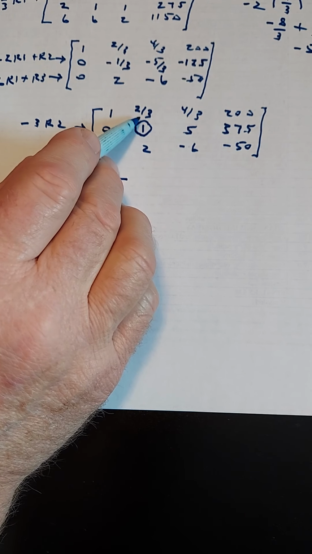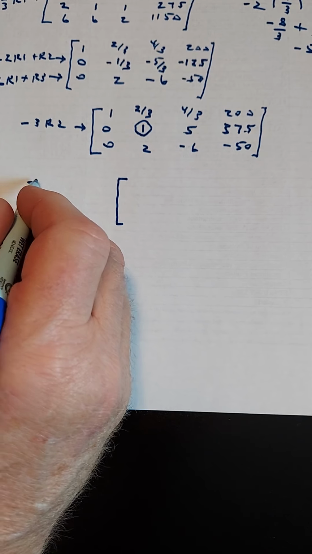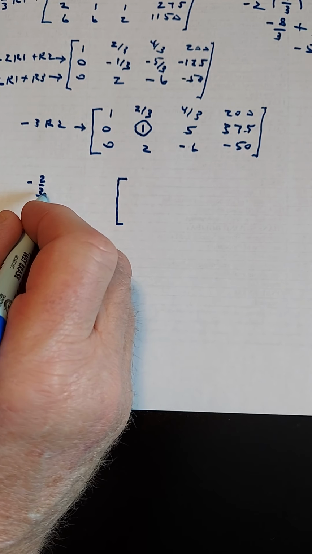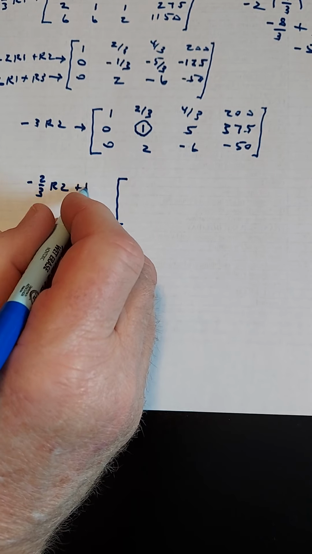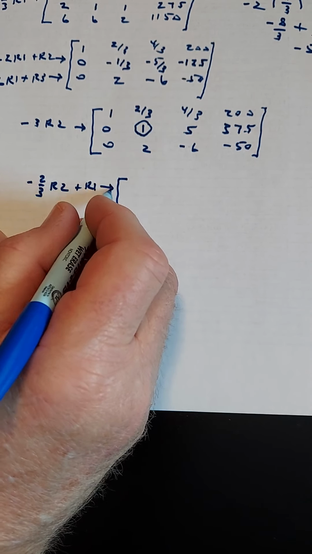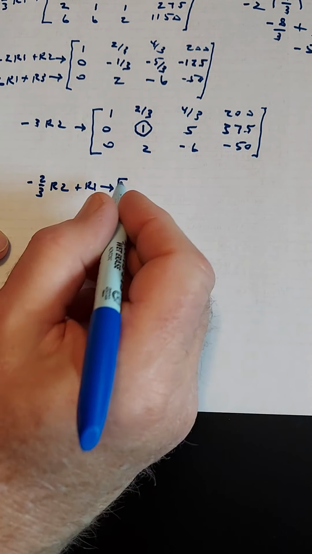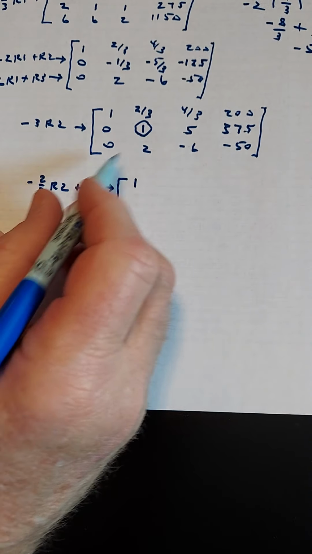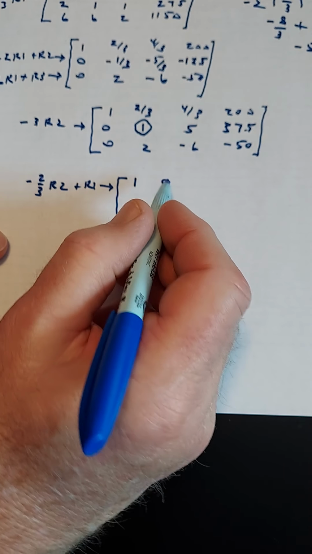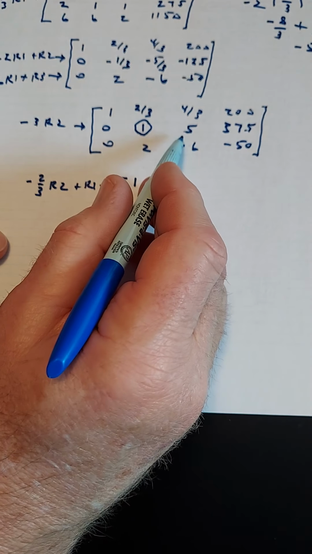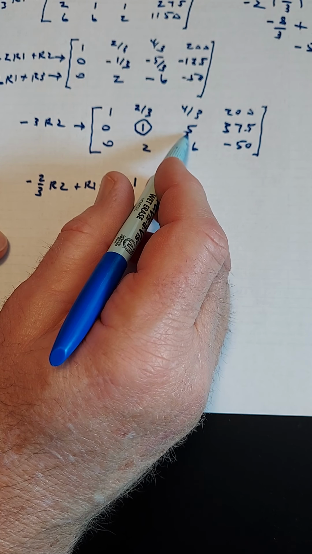So I got to get a 0 where the 2/3 is. So I'm going to multiply negative 2/3, that's the opposite, times row 2, and add it to row 1. Negative 2/3 times 0 is 0, plus 1 is 1. Negative 2/3 times 1 is negative 2/3, plus positive 2/3 is 0. Negative 2/3 times 5, that's negative 10/3.